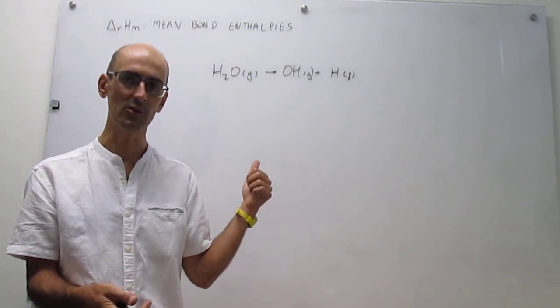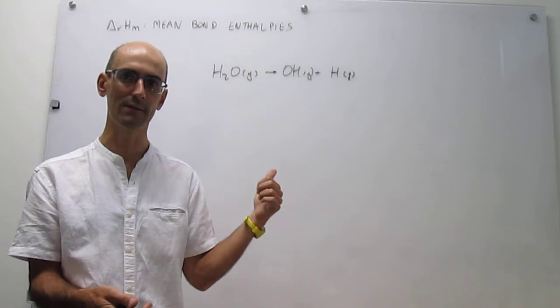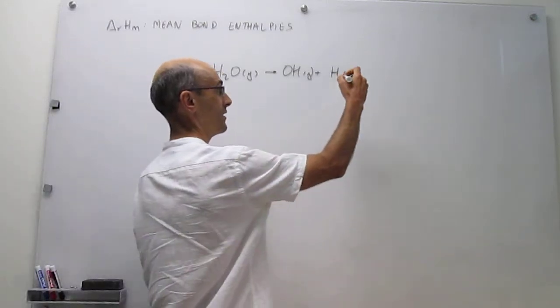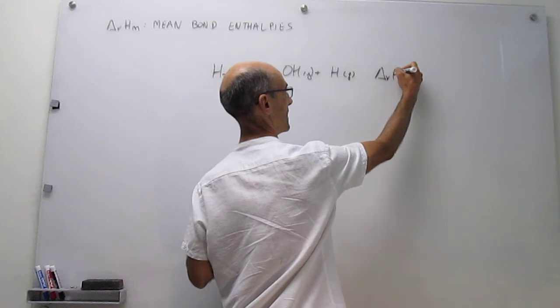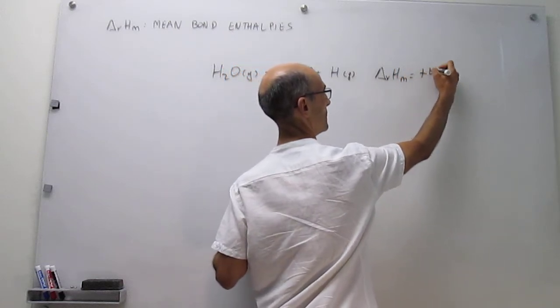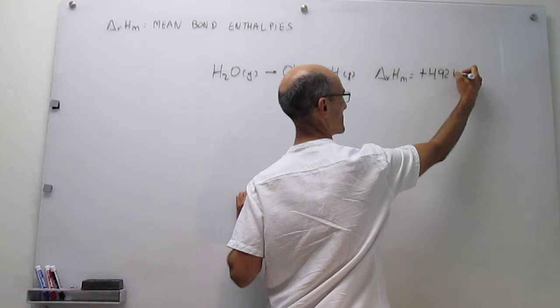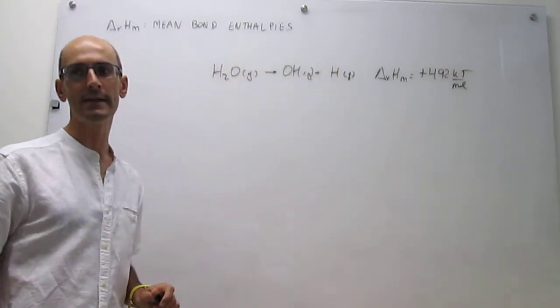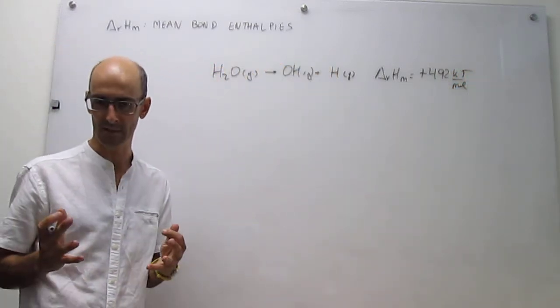So this is going to be a positive reaction enthalpy, which is known, right? So this Delta_r H_m happens to be plus 492 kilojoules per mole. It's a really strong bond. Okay, so that is important.